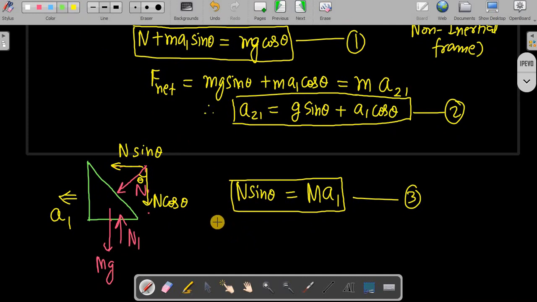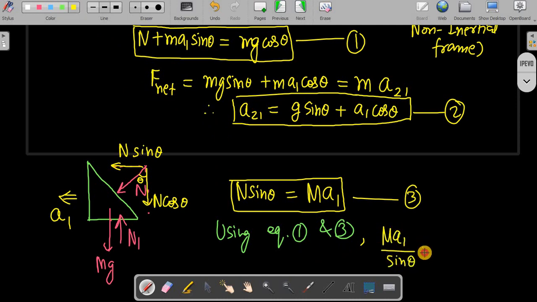So using equation 1 and 3, what do we get? From this normal we can substitute there. If you substitute normal there, what will happen? It will become m a1 by sin theta plus small m a1 sin theta is equal to mg cos theta.